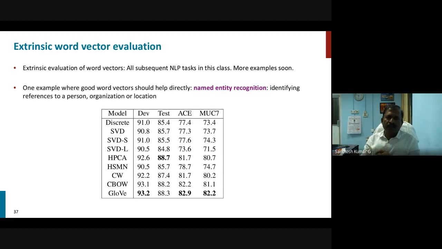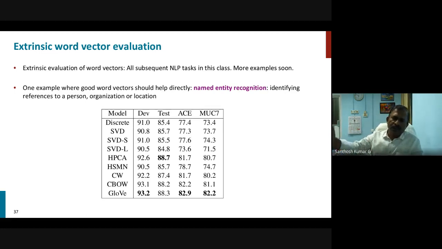So similarly, in the case of extrinsic word vector evaluation, we have to tackle a complete real world problem, and the problem taken was named entity recognition. So basically, you have to identify references to a person, organization, or location, right? So Santosh works with QSAT, right?